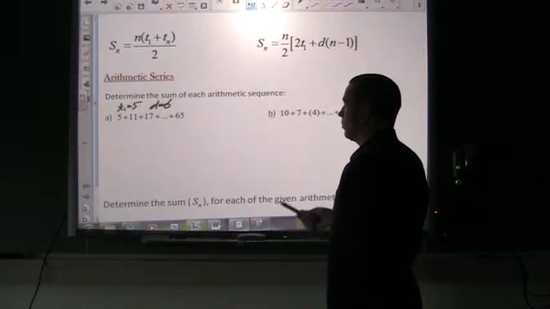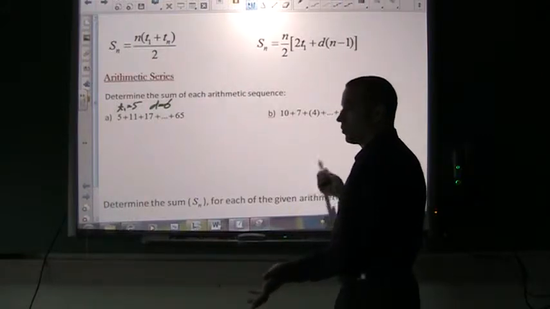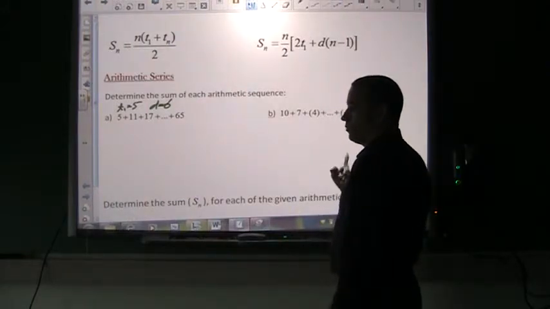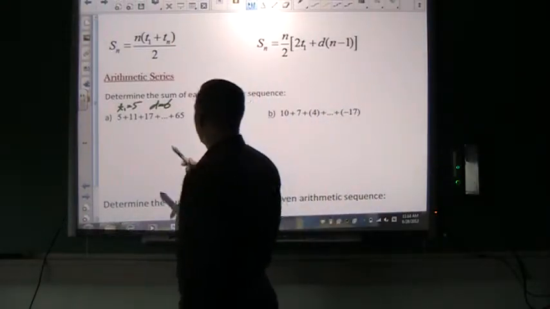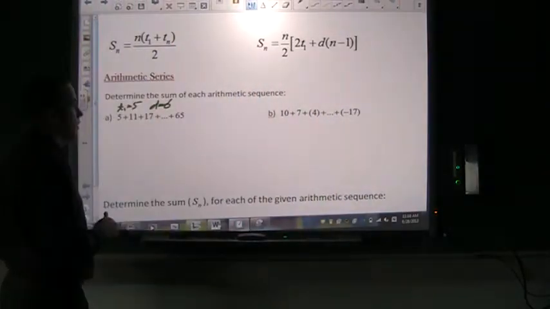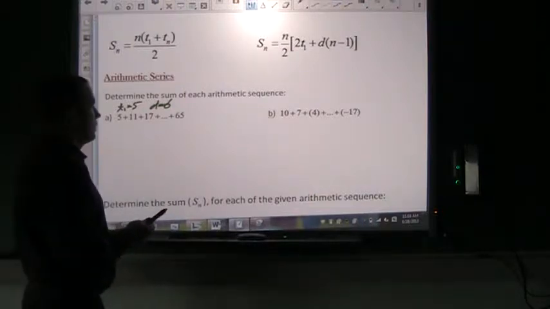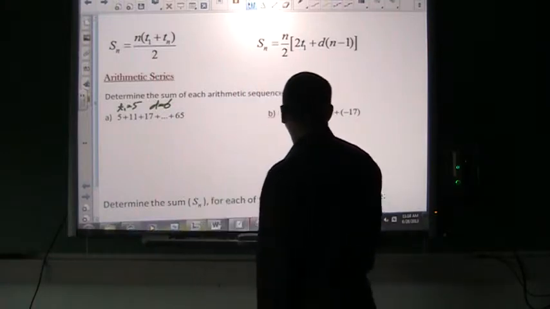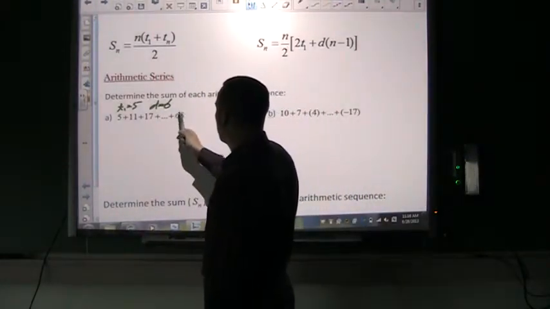So we just have to figure out which one of the two is easier to use. Do I have all the information for one or the other? If not, which one can I easily find all the information for? So I don't have all the information for either one here. I don't know the total number of terms. Actually, I do know the value of the last term.